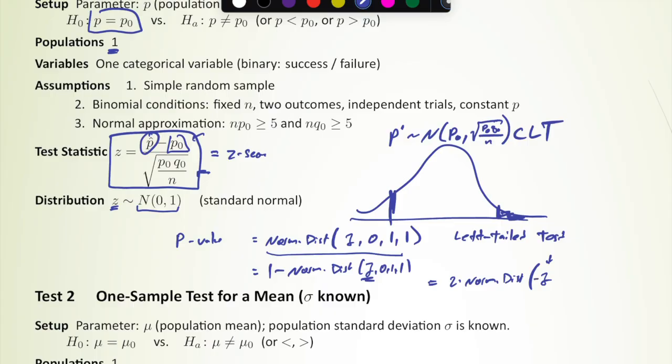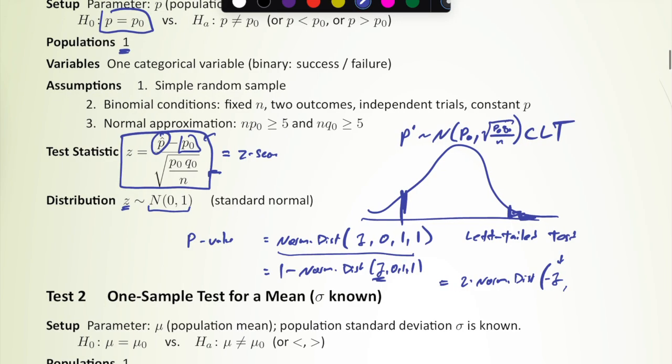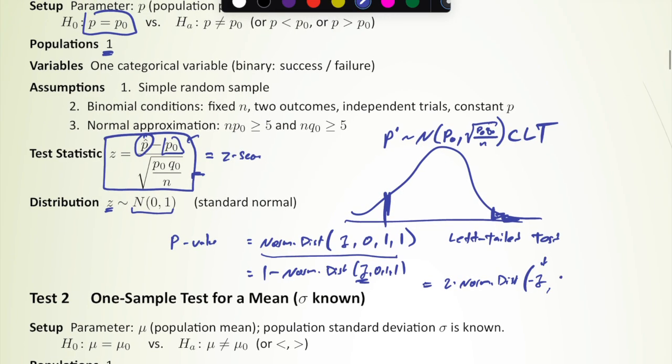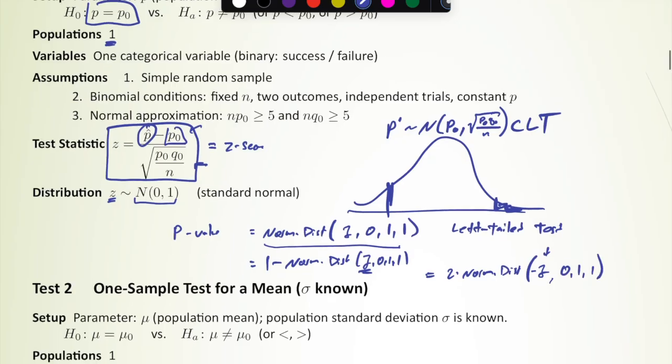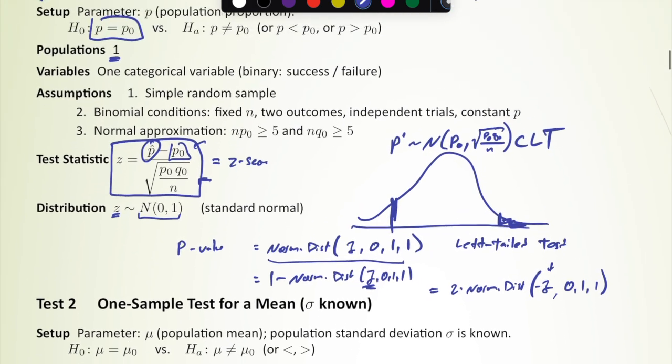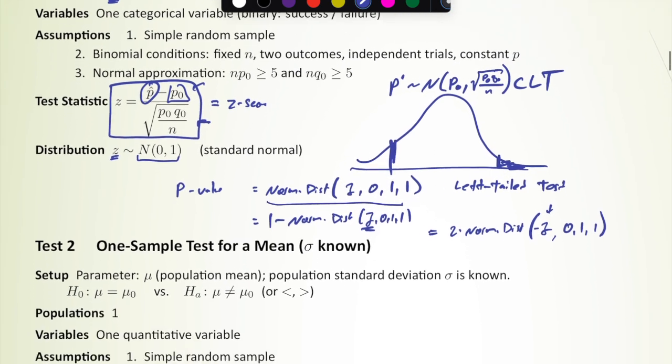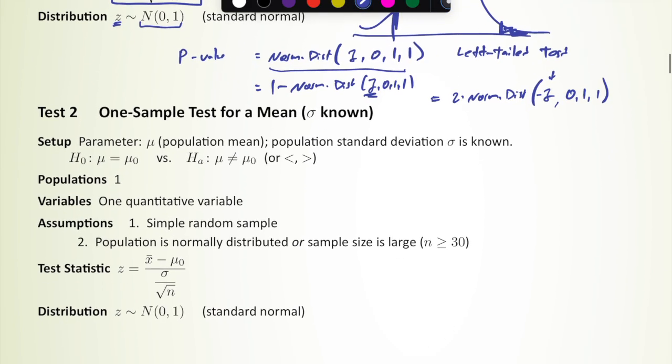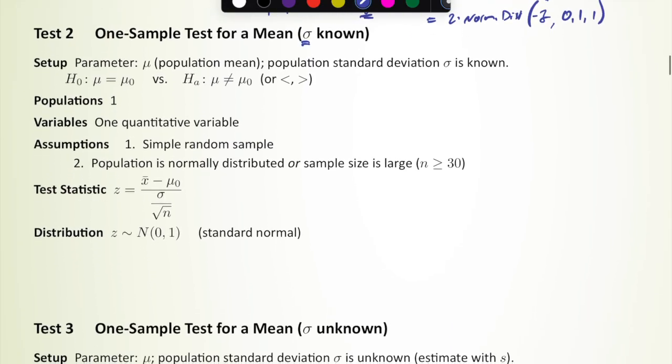If it's already negative, I keep it as a negative. 2 times that tail. 0, 1, 1. 2 times the tail. Okay, that was test 1 if it's a sample proportion. The next two tests are both sample means. Now, there's a difference between them. One is whether you know sigma, and the other is whether you don't know sigma.